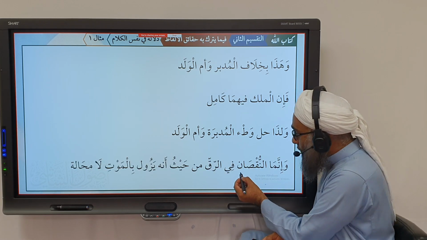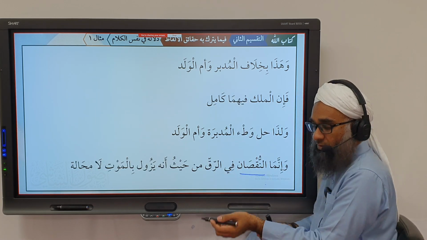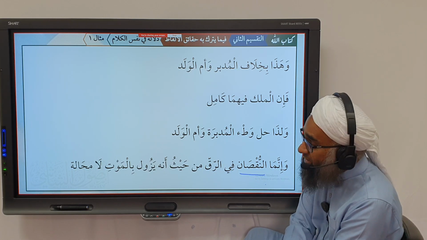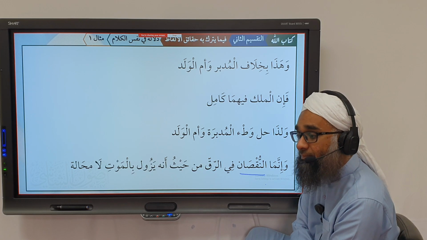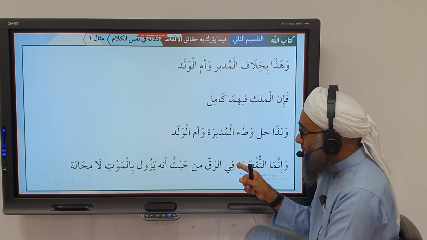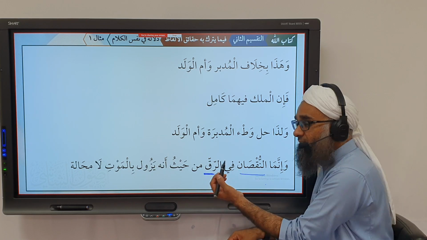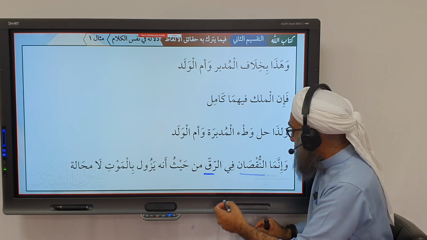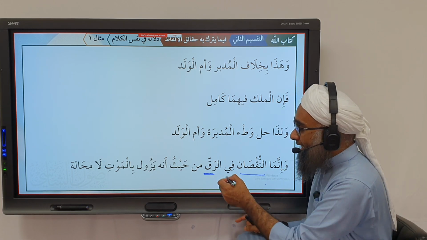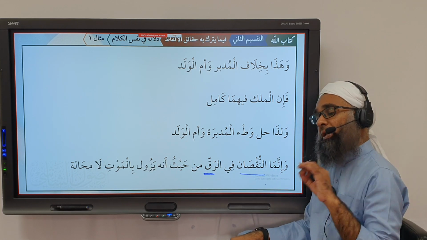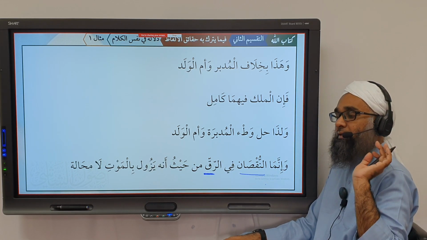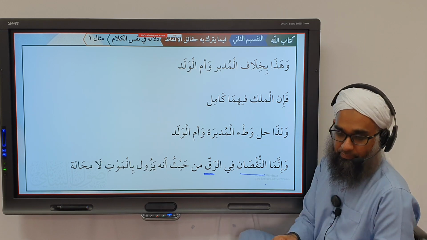So he said, إِنَّمَا النُّقْصَانِ that the walad and the mudabbar will become free immediately after his demise. So the milk in his lifetime is tam. But the riq, what does riq mean? Izalatul milk. The nuqsan is in the riq, in that it ends with death without doubt. As soon as he dies, what will happen? They both become free. Yes?